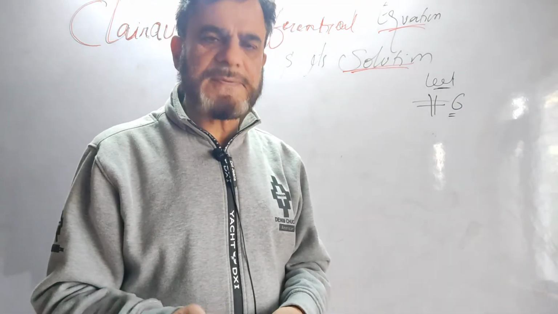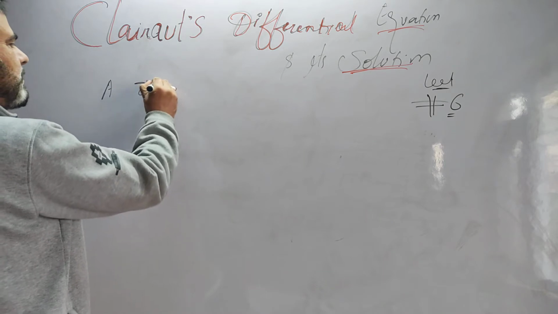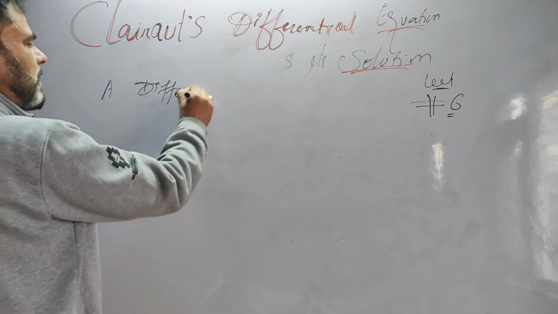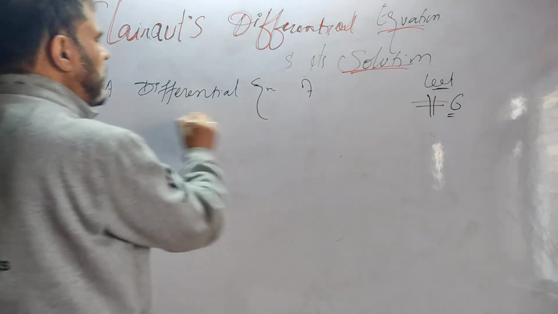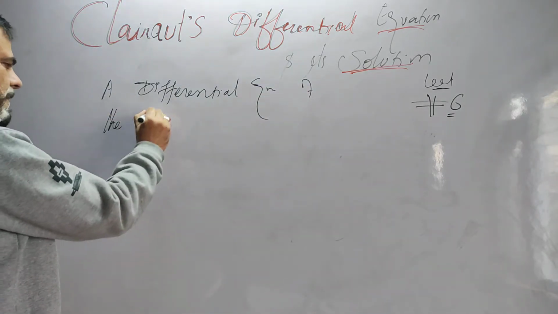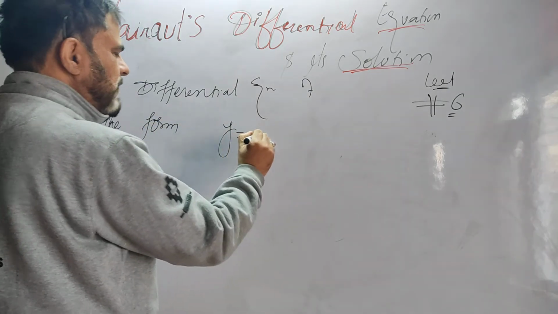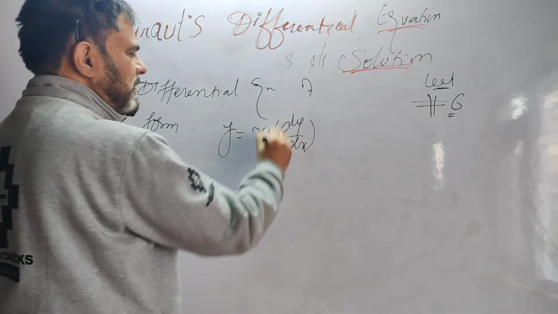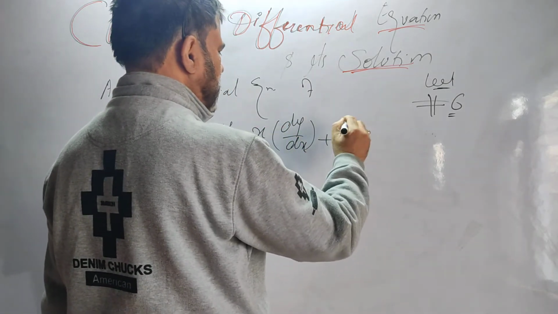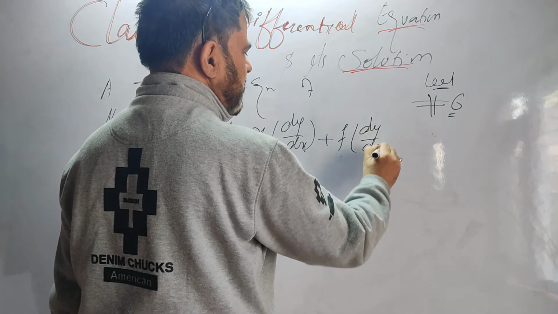Now, what is this Clairaut's differential equation? It is a differential equation of the form y is equal to x times dy by dx plus f of dy by dx, some function of dy by dx.